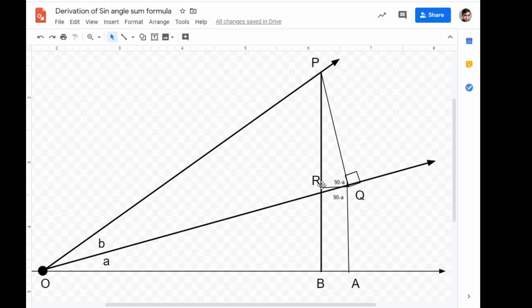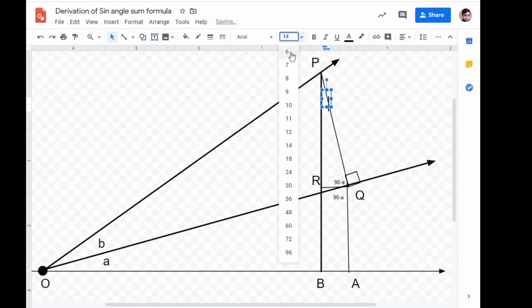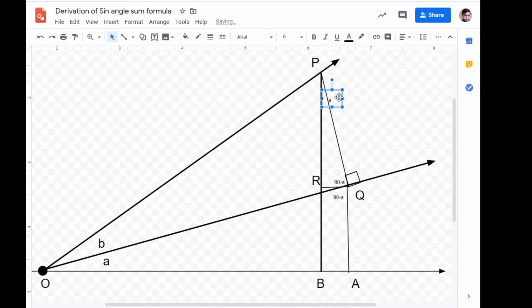Finally, because this is a right triangle, PRQ, and angle PRQ, this angle right here, is a right angle, and we've got a triangle, that means angle RPQ is also A. So this one's also A in there.